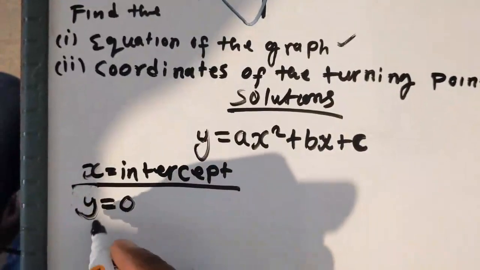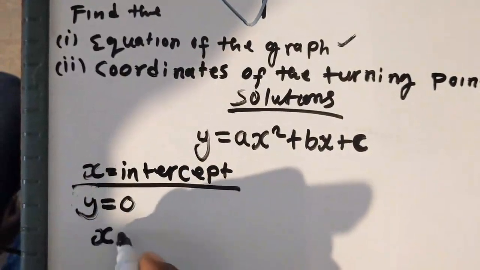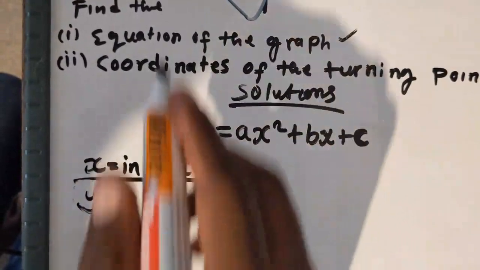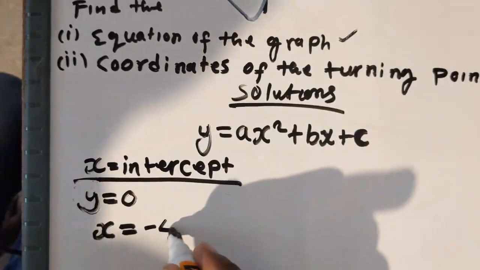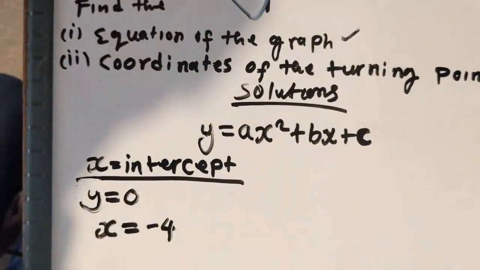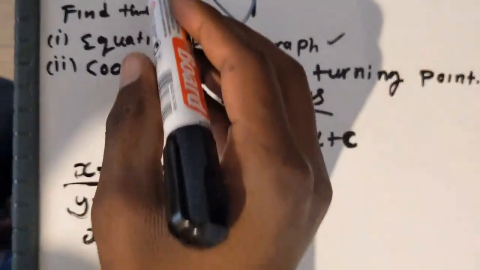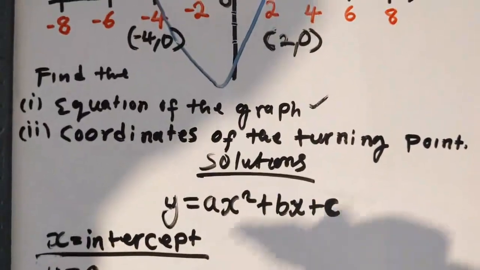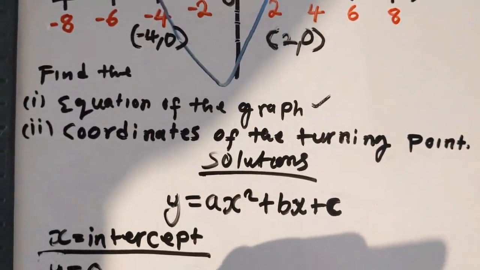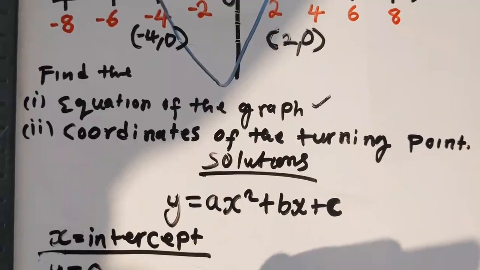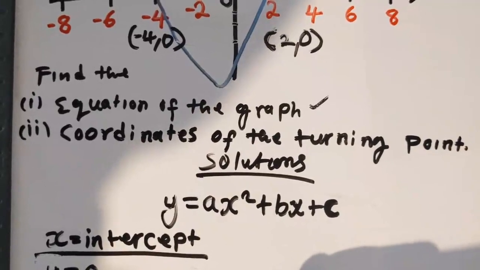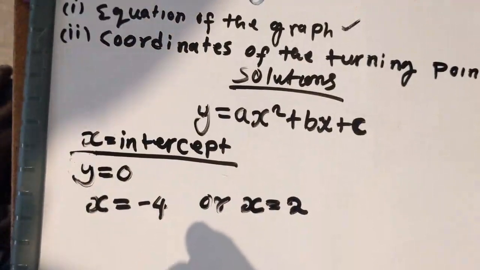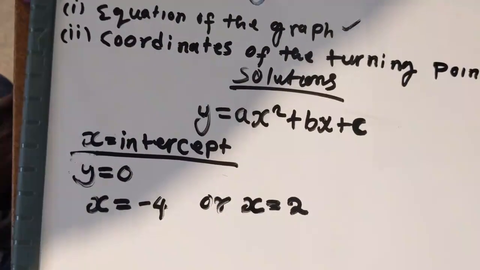So they reached the point where they found x is equal to -4. That's the point they reached for them to reach here. And we say x is equal to 2. That is where they reached.